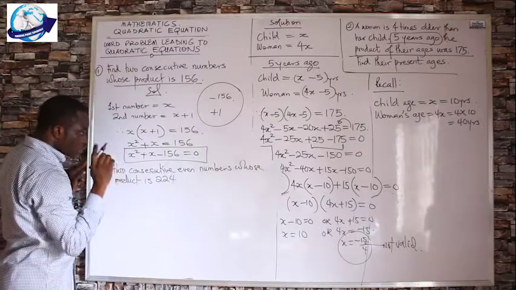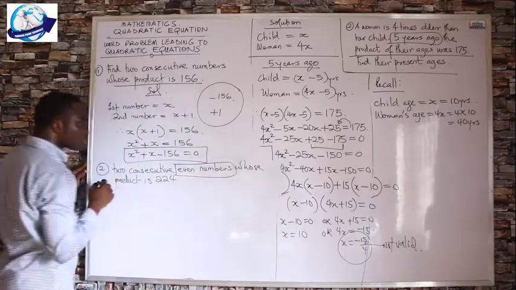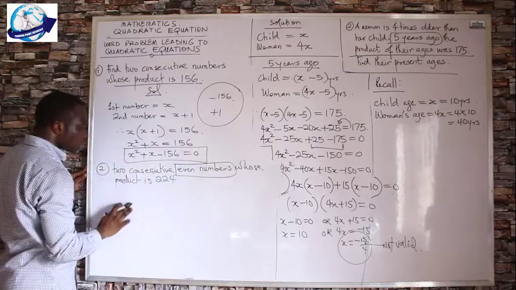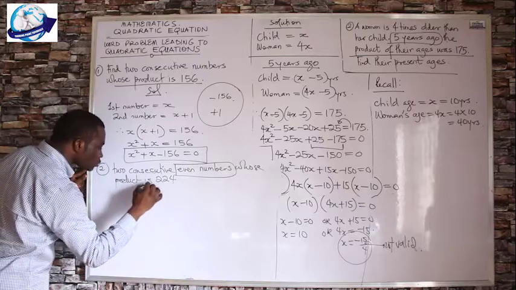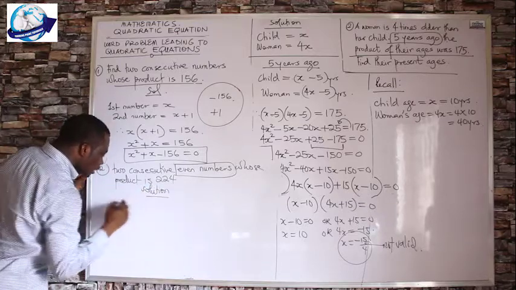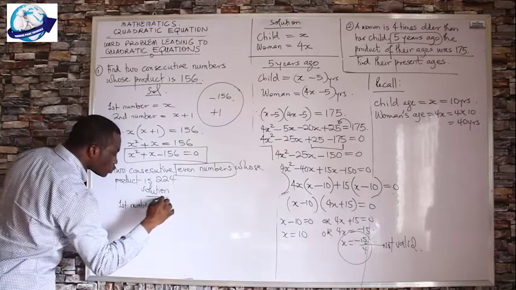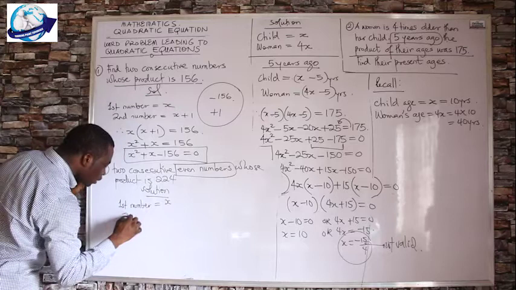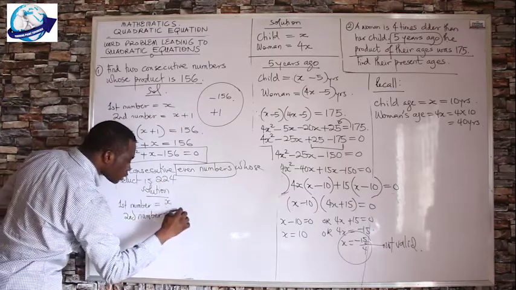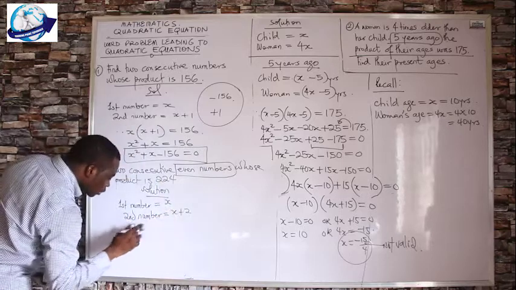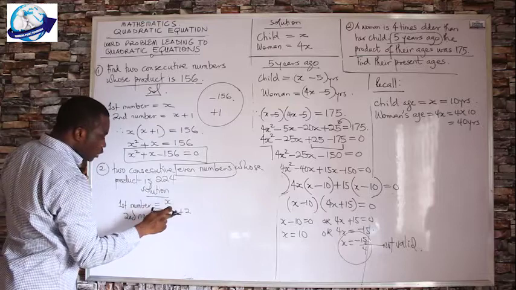The major thing I'm looking for is this word, consecutive even numbers. So I will say, let the first number be equal to x. For the second number, don't forget x plus 2. And the third number, oh sorry, that's 2 consecutive, right? Okay, we'll stop there. So x and x plus 2.